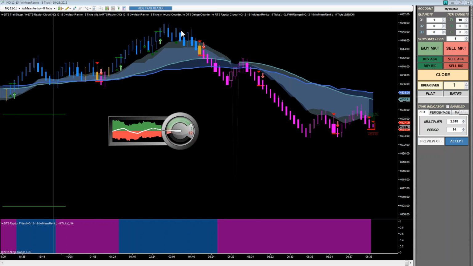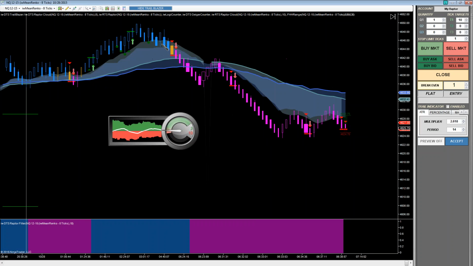We have that all-important test of the extreme though, which we like to see. Test of the extreme simply shows us that the market is testing the highs, trying to recover the trend, in this case the uptrend. Then we get the failure and the signal and a nice little move lower, and now we're in a little bit of sideways congestion, as you can see.